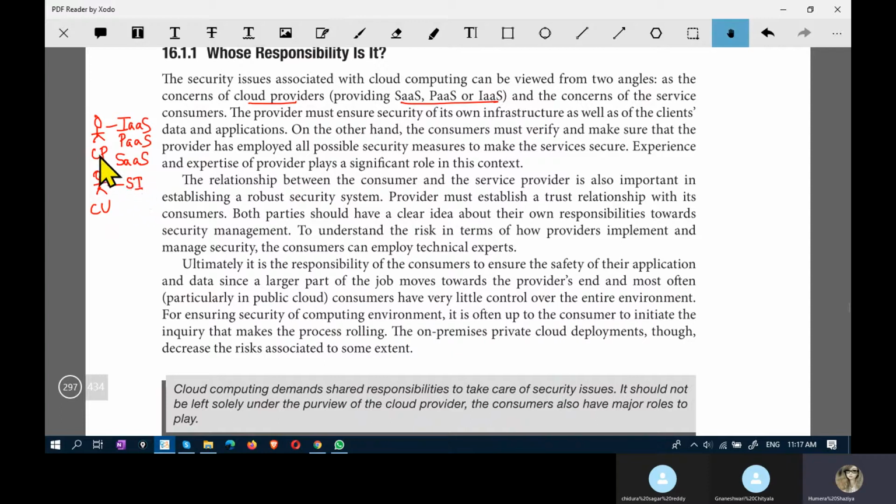Although a provider is giving the services in the form of IaaS, PaaS or SaaS, they should not be allowed to view what is there in their applications or in their documents, whenever it is sensitive.